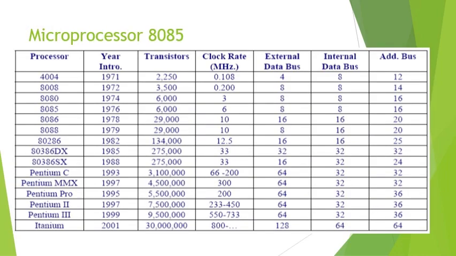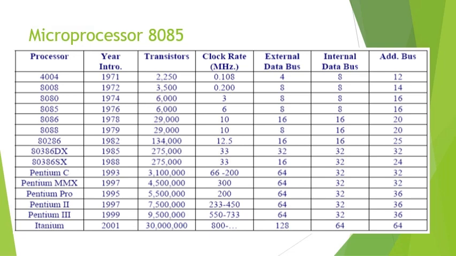If you look at the history of the microprocessor, the first microprocessor, the 4004, was made by Intel in 1971, and over the period it has evolved. The first microprocessor was 4-bit. We are currently studying the 8085 microprocessor, which was made in 1976. This was an 8-bit microprocessor.